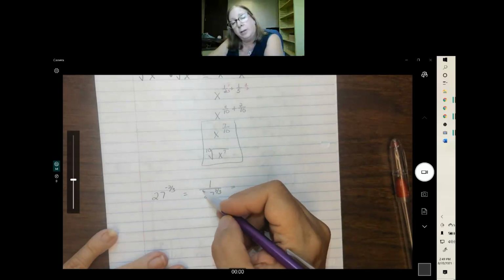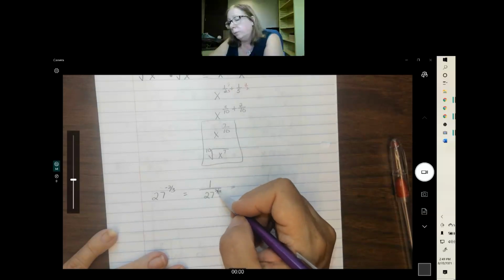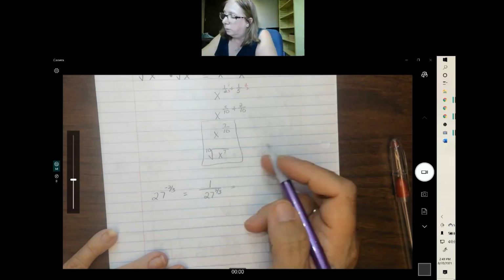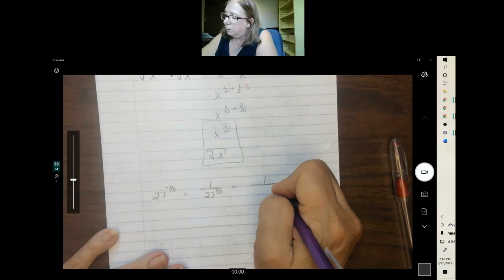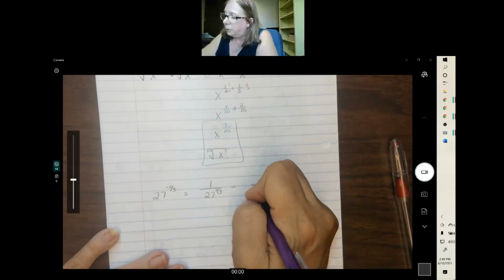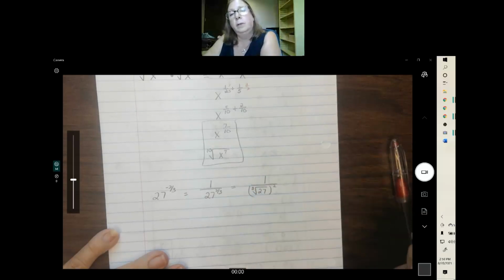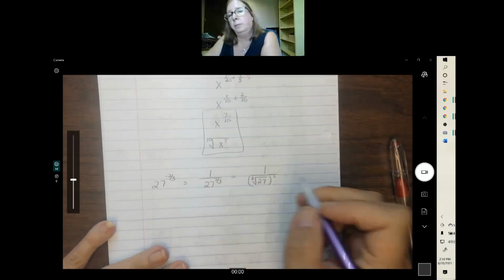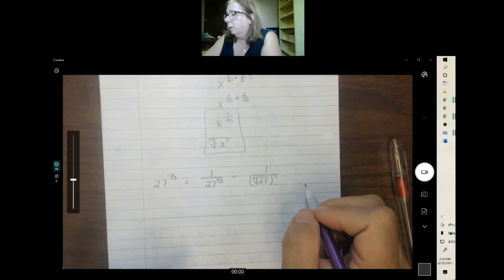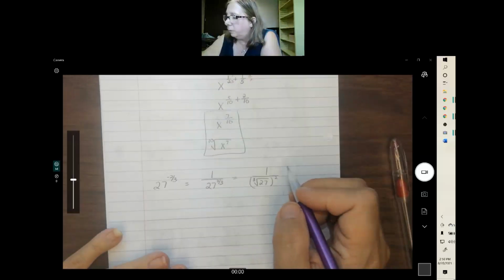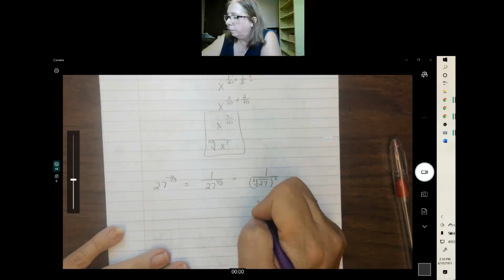So you could take 27 squared and then take the cubed root, or take the cubed root first and then square it. 27 is 3 times 3 times 3, or 3 cubed.